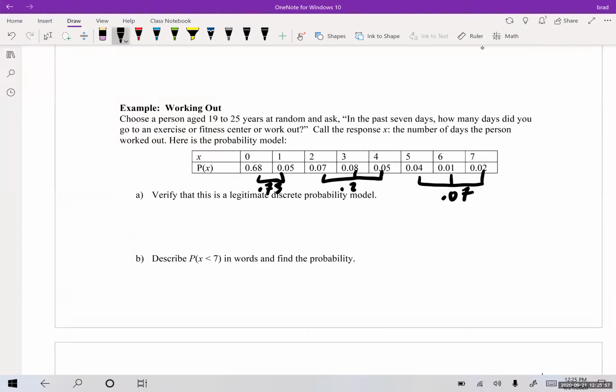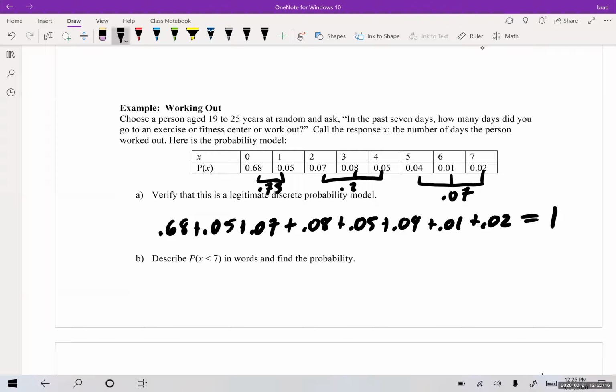So that would be 0.27 plus 0.73. So 0.68 plus 0.05 plus 0.07, I don't know why I erased it, 0.08 plus 0.05 plus 0.04 plus 0.01 plus 0.02 all adds up to 1. Check.